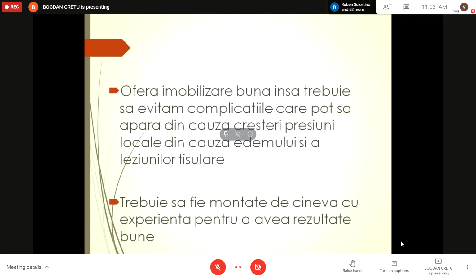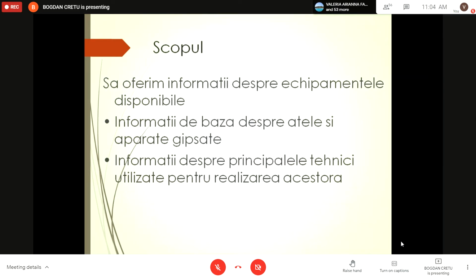It offers a good immobilization, but we still have to avoid complications that can result from increased pressure in the limb that is immobilized. It has to be mounted by someone with experience to have good results.